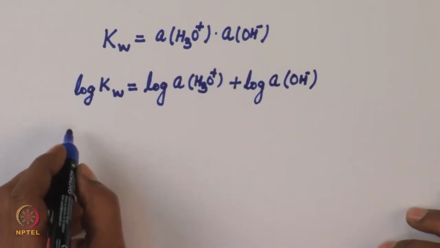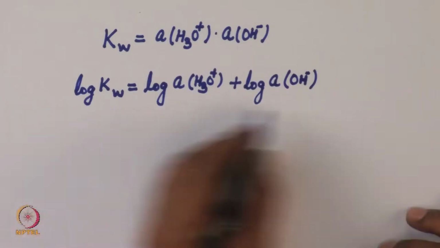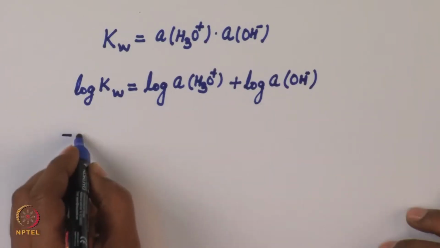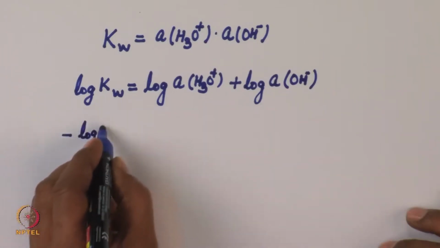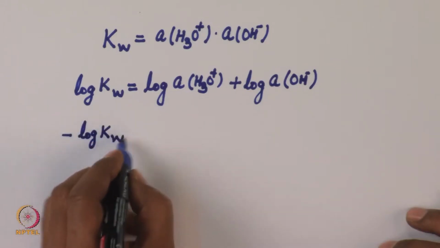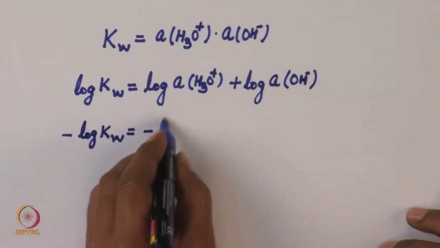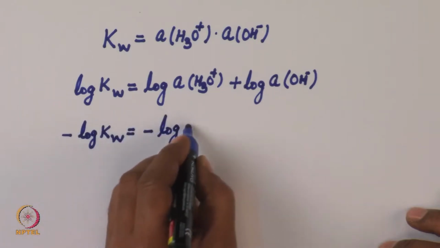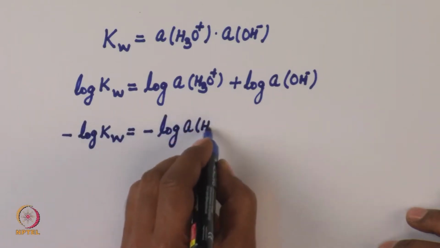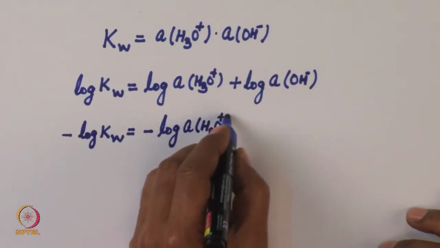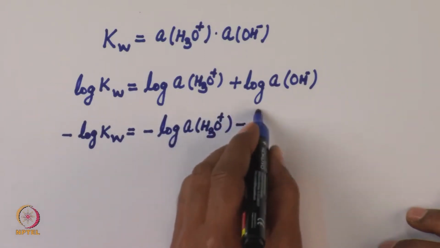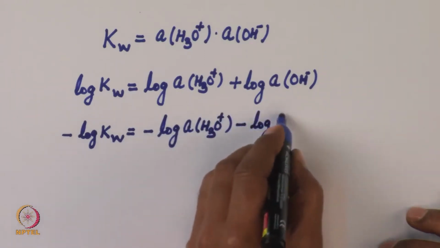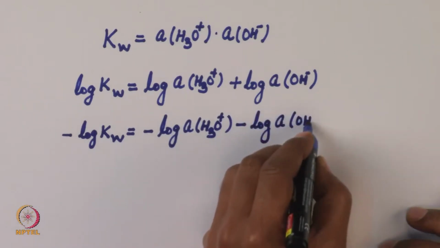And let me multiply both sides by a negative sign: minus log Kw is equal to minus log activity of H3O plus minus log activity of OH minus.